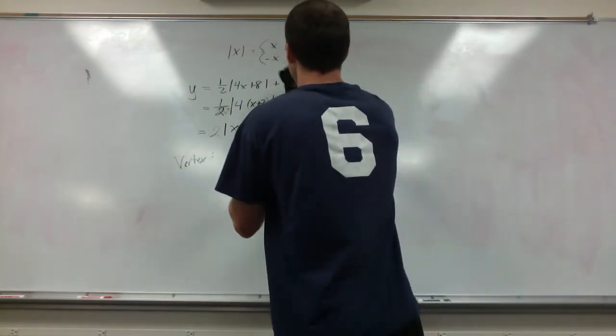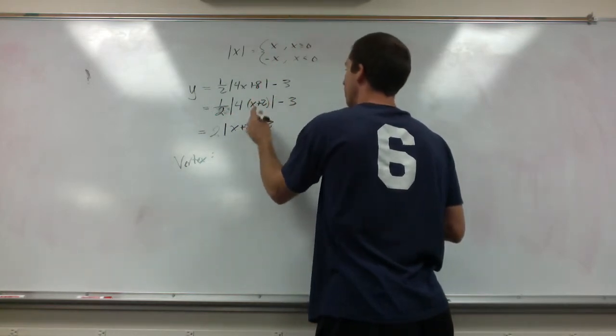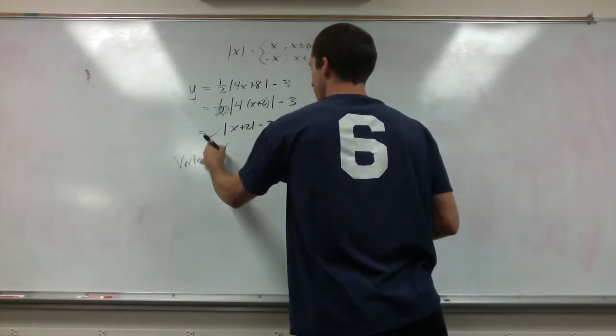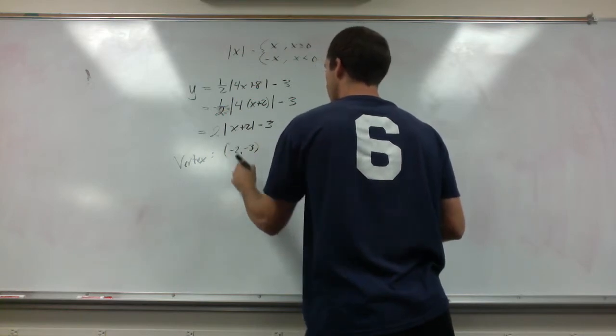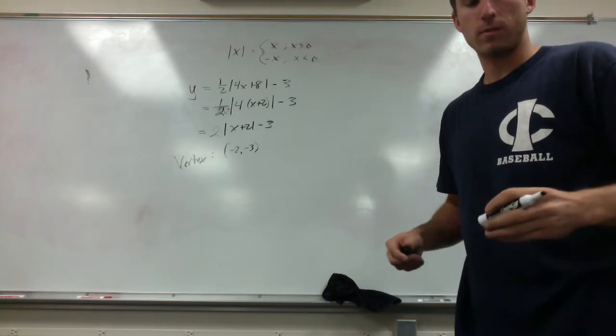I should say minus. So the vertex of this equation would be at -2, -3. Feel free to graph it. It's no big deal. We'll talk about it more tomorrow.